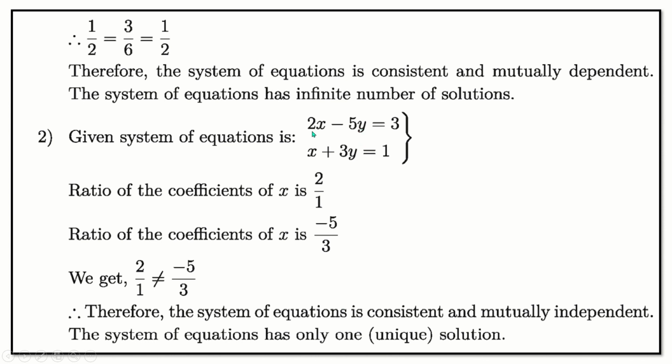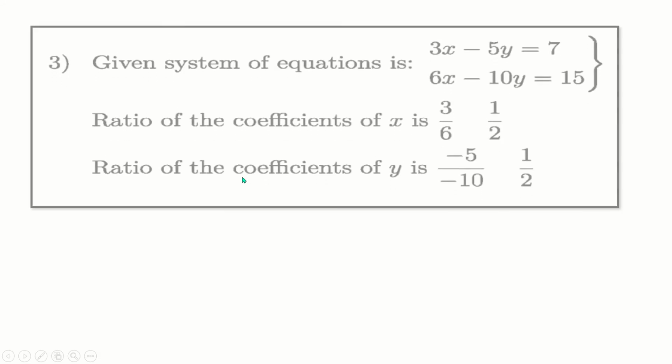When we multiply or divide by this number, we get x, but here it will be minus 5 by 2, while in equation 2 it is only plus 3, not the same. And if we divide this by 2, we get 3 by 2, but here it is 1. Okay, clear? When dependent, we can easily convert the first equation into the second equation or the second into the first, no problem. Clear everyone? Okay. Now another condition.